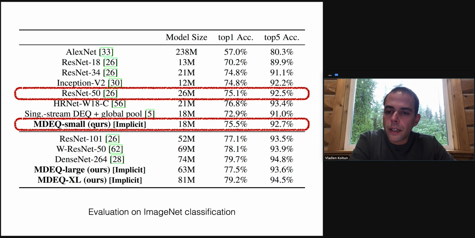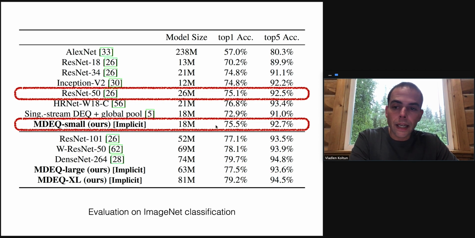So here, a small Mdeck has the size that's roughly between ResNet 18 and ResNet 34. So in terms of the number of parameters, this small Mdeck is roughly between ResNet 18 and ResNet 34.